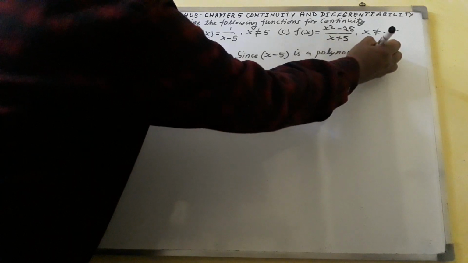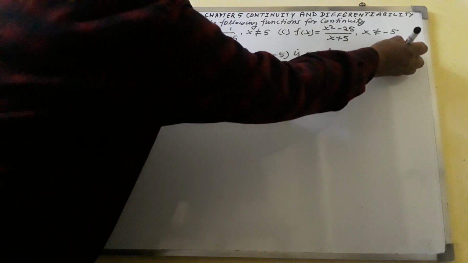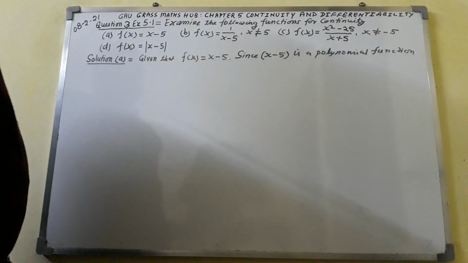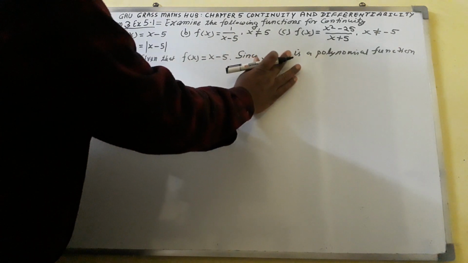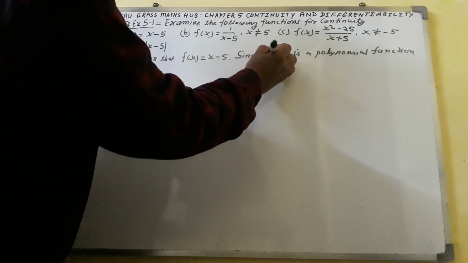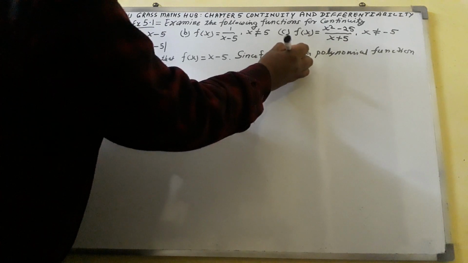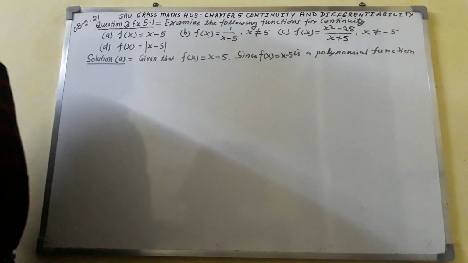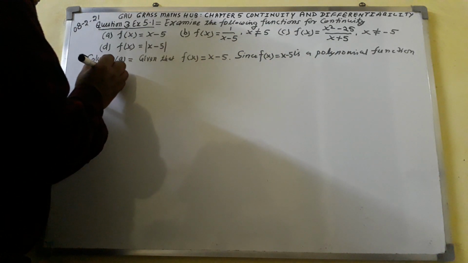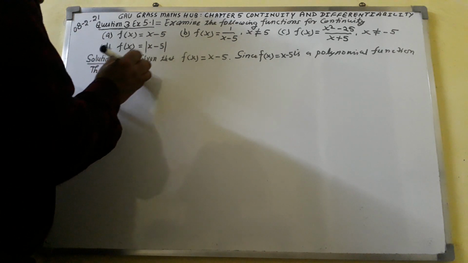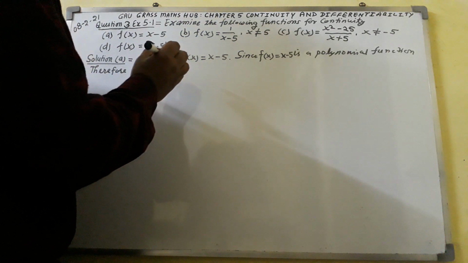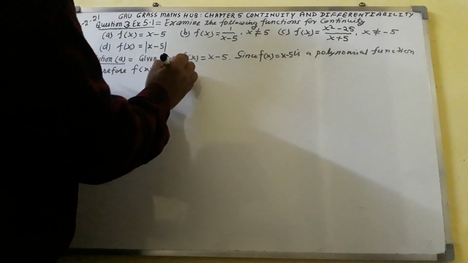Since f of x equal to x minus 5 is a polynomial function, therefore f of x is continuous.